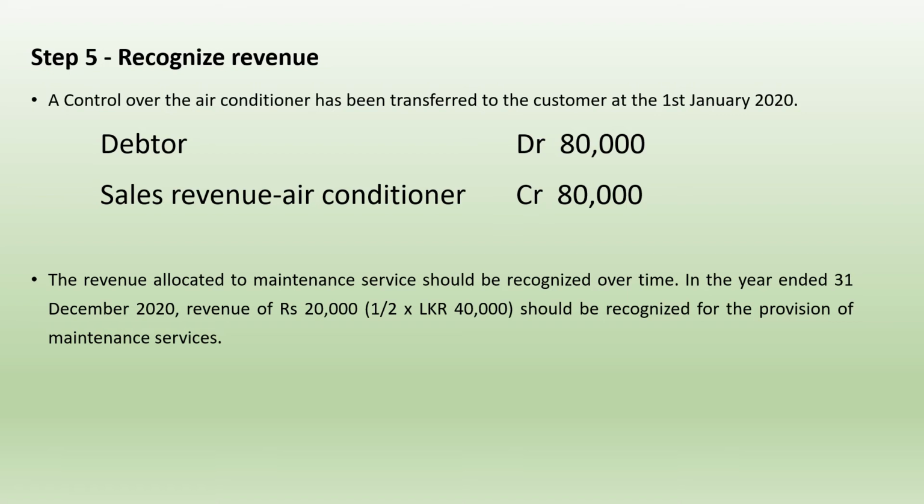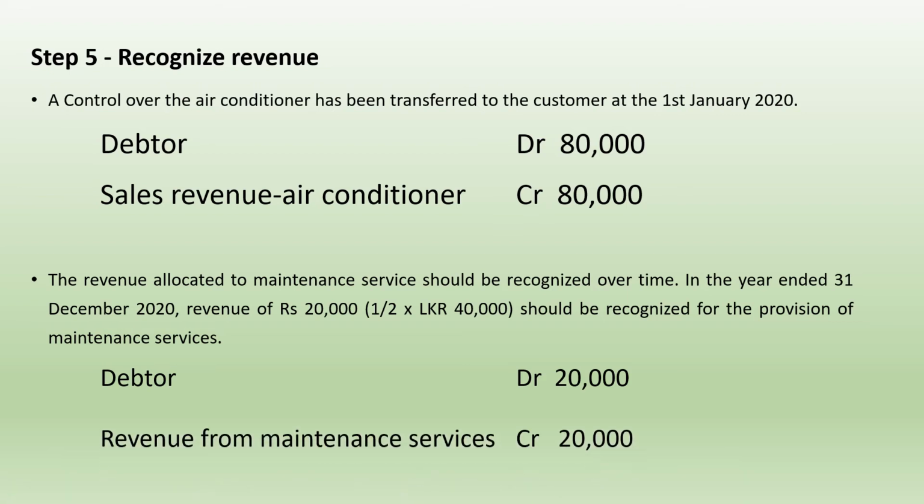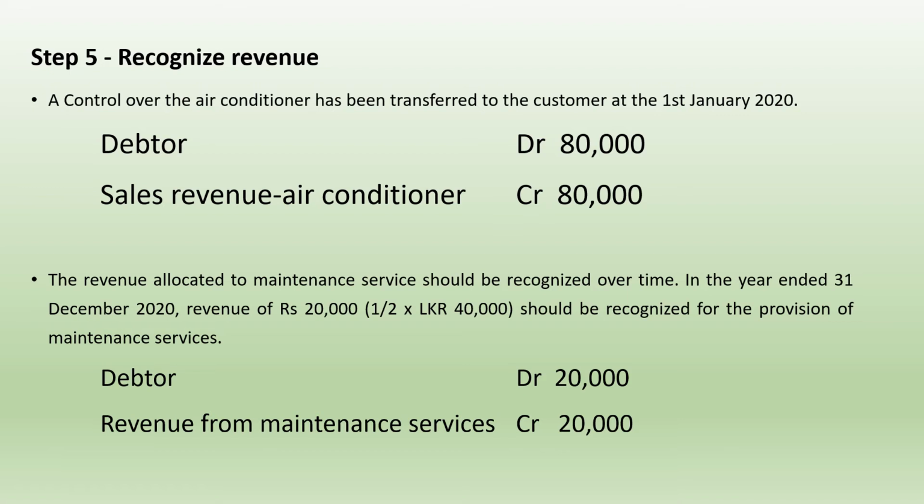Therefore, for a year, we are going to debit the debtor by 20,000 rupees and credit the revenue from maintenance service by 20,000 rupees.